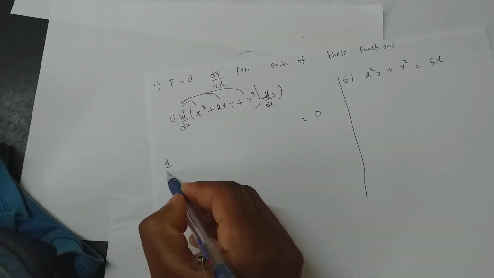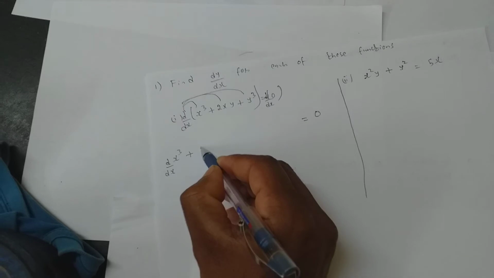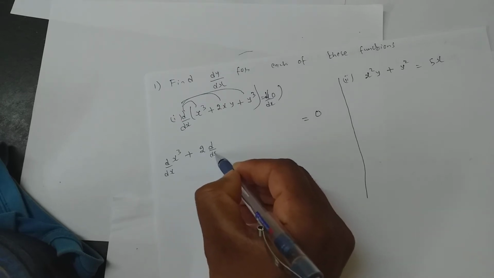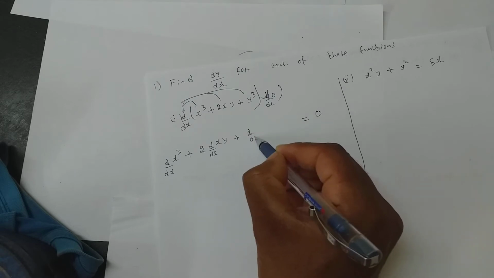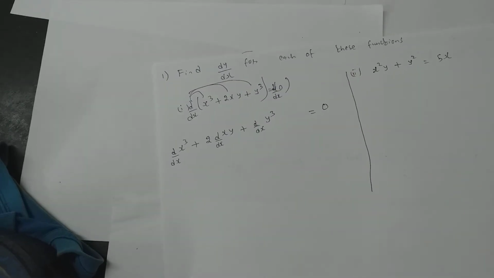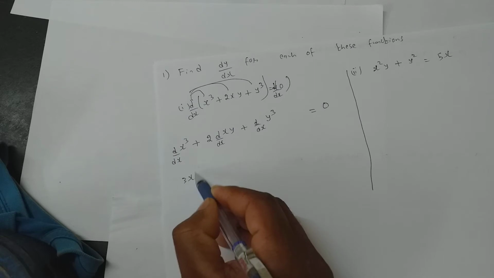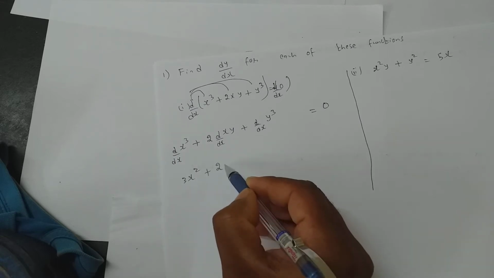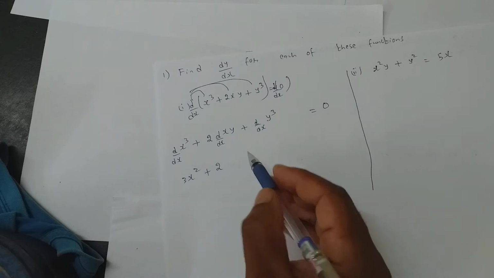So it becomes d by dx of x cube plus 2 coming out into d by dx of xy plus d by dx of y cube. Am I clear with the first step? Now next. D by dx of x cube is 3x square plus 2 into, it's a product, so what should be applied? Product rule should be applied.